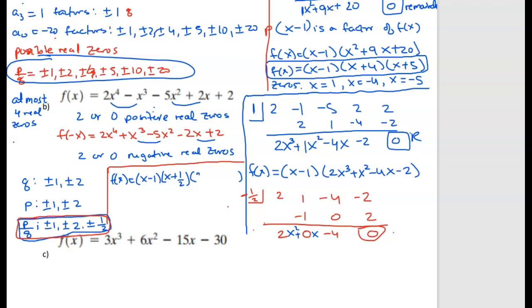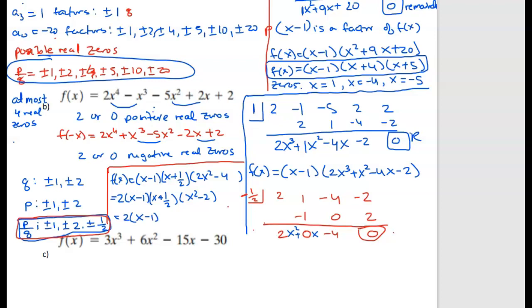Okay, so this is 2x squared minus 4. All right, so let's try to factor this. So we're going to factor out a 2, x minus 1, x plus 1/2, x squared minus 2. And this one is like difference of squares.